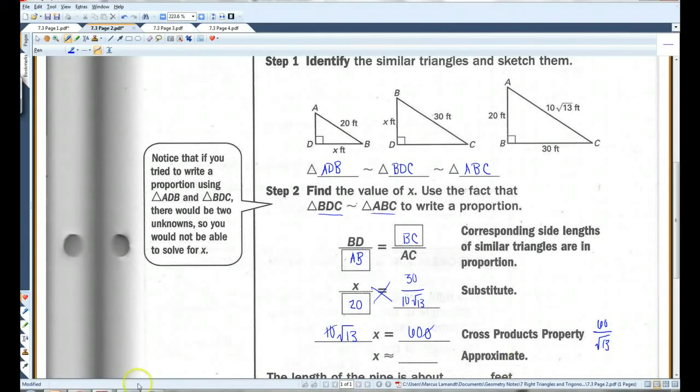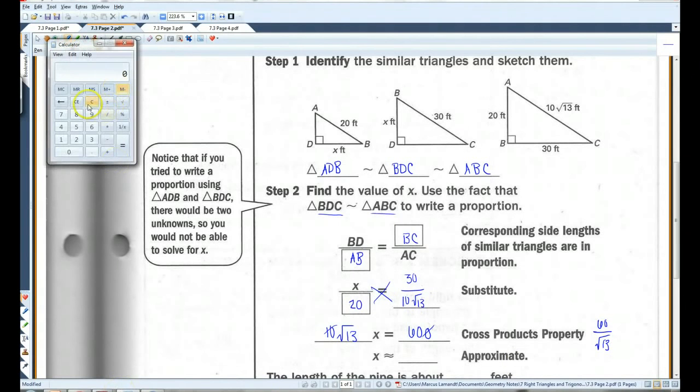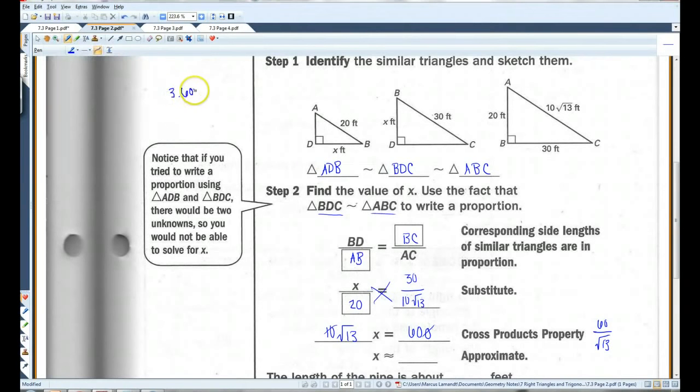I'm going to use a calculator. With this calculator, it looks like we'll have to do it this way. Square root of 13 is 3.60555 ish.